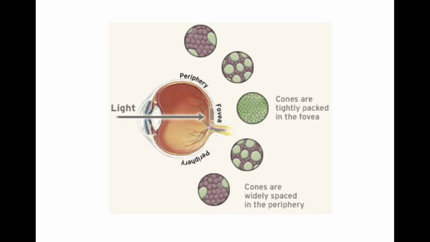And these cones are densely packed towards the middle of your eye, the so-called foveal region, and then it's less densely populated along the periphery. Now, these cones respond to various frequencies of light, which send impulses to your brain, and that's what you perceive as color, as visual things.